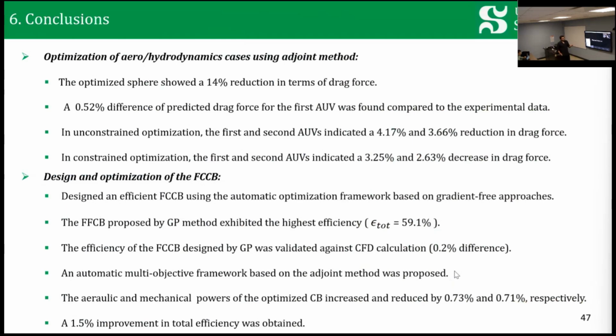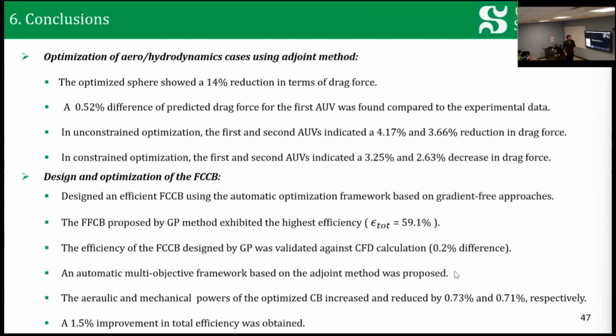For the second part, first we designed an efficient forward curve centrifugal blower, and the Gaussian process method offers the blower with highest efficiency. Then the results of the efficient blower were validated against CFD and experimental results.